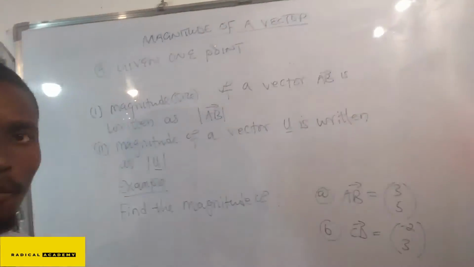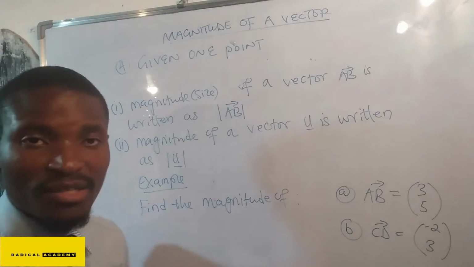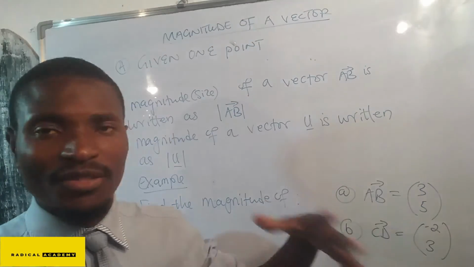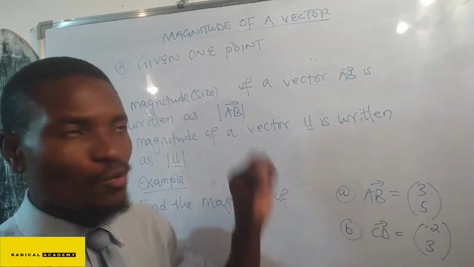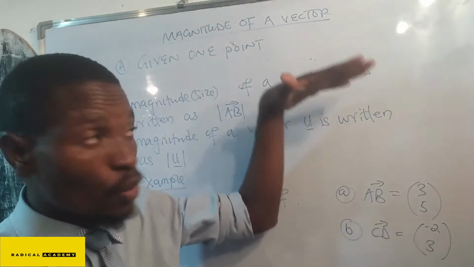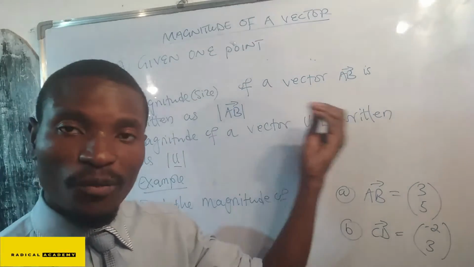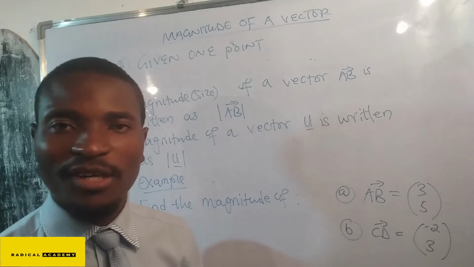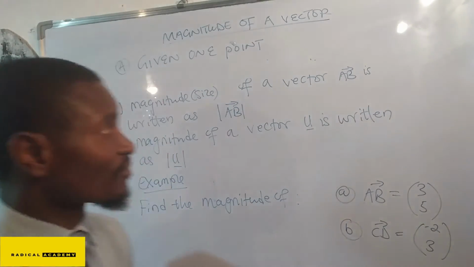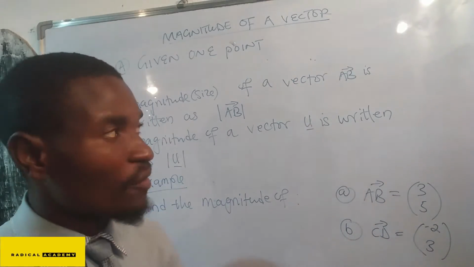Now we look at the magnitude of a vector AB. When you're using a vector in capital letters, make sure you put the line on top, showing that this vector starts from A and ends at B. What is the symbol for the magnitude?